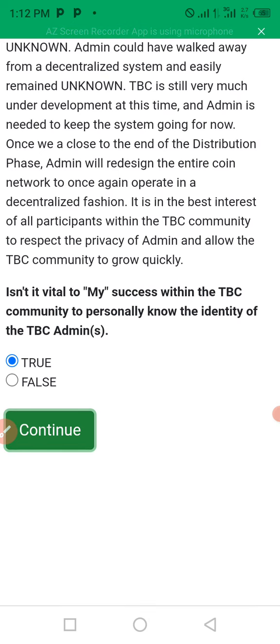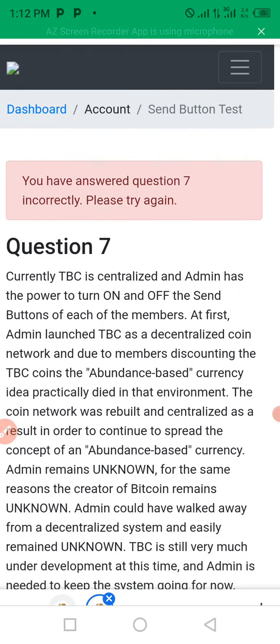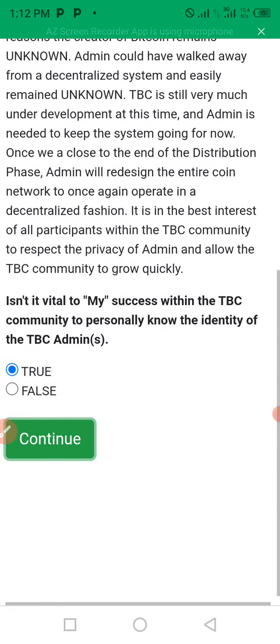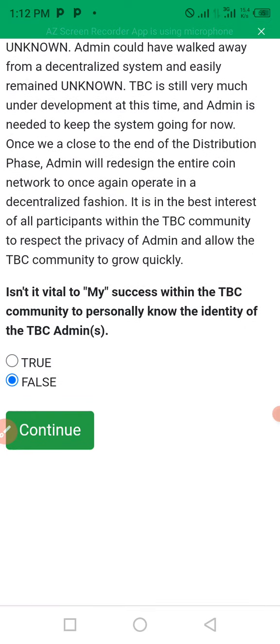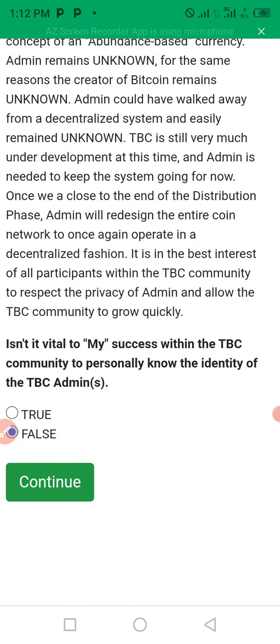As you can see, the answer is false. Don't let us misquote ourselves. I'm the one that is making the mistake. So the question goes like this: isn't it vital to my success? That means how you've been trying in the community so far.